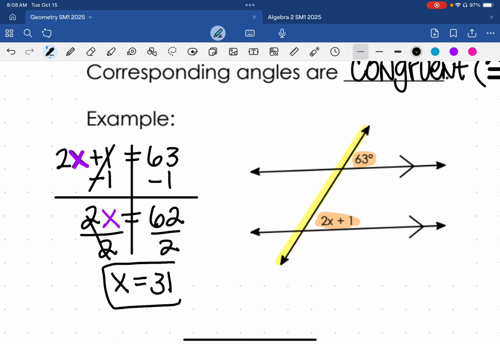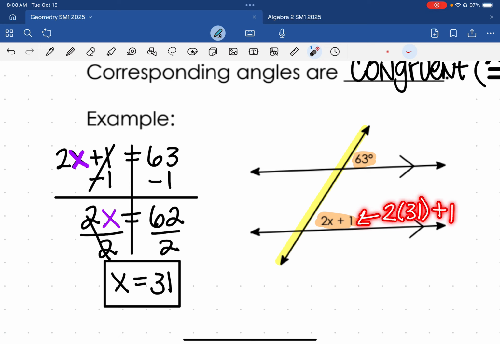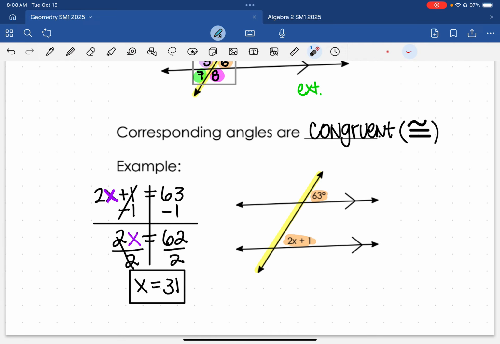Could we go back and plug it in? Yes, we could. When we plug it back in here, we should get that 2 times 31 plus 1 gives us an answer of 63. If it does not give us the same exact answer, then of course we did something wrong.